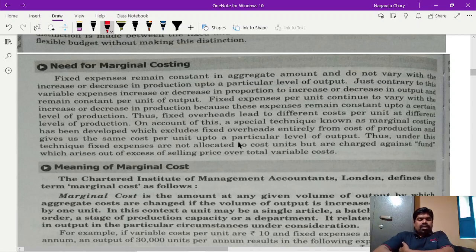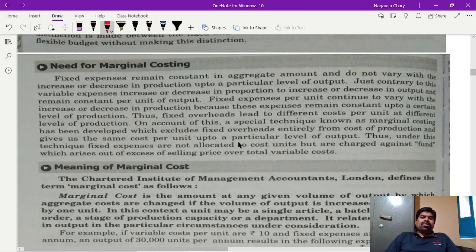So now we see fixed expenses will be incurred up to some level of output. There is no change. If the level of output is increased, then cost may be increased. So up to some extent, fixed cost is fixed. There is no variation in fixed cost up to some level of production.